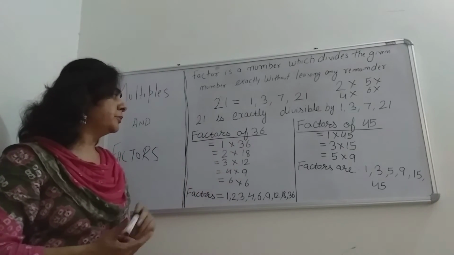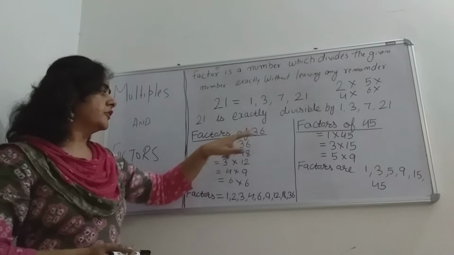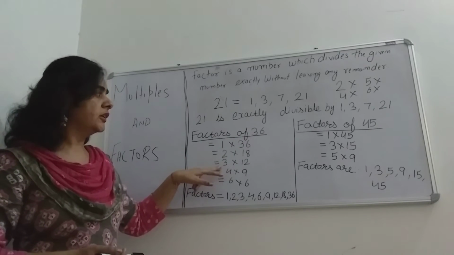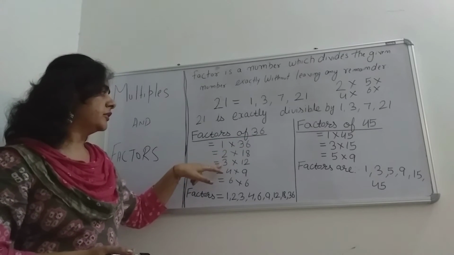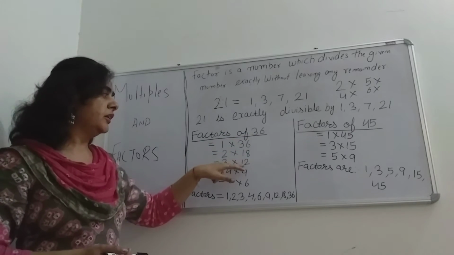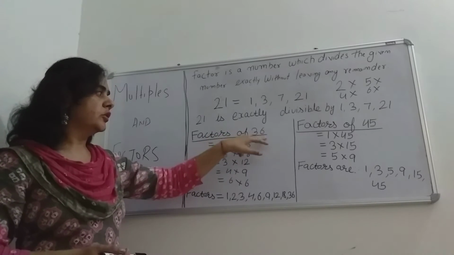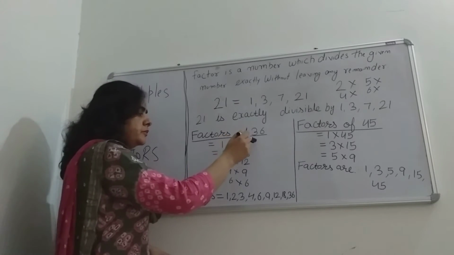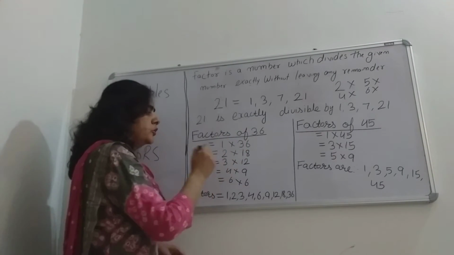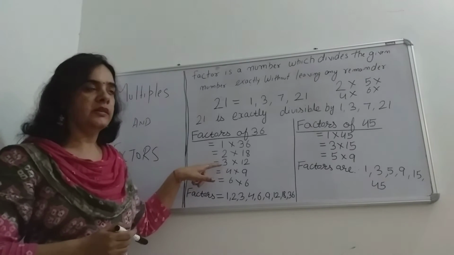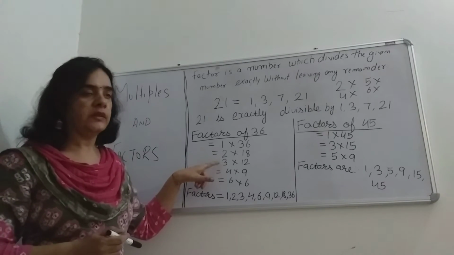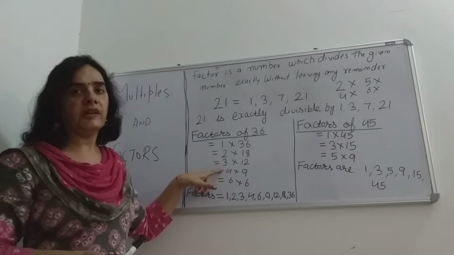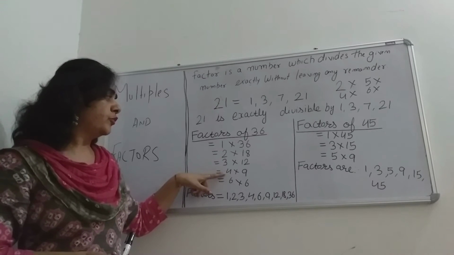Now try with 3. If you divide 36 by 3, the quotient will be 12. 3 1s are 3, 3 2s are 6. So 36 is also completely divisible by 3. The remainder is 0 in this case. So 3 is also a factor of 36. Now try 4.